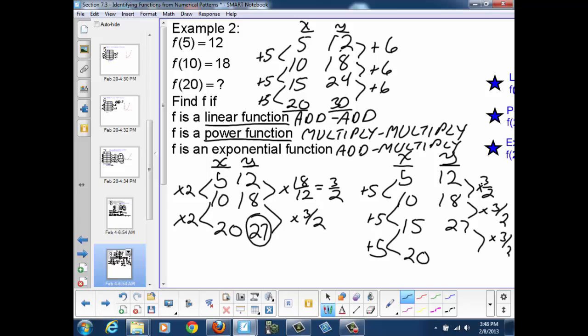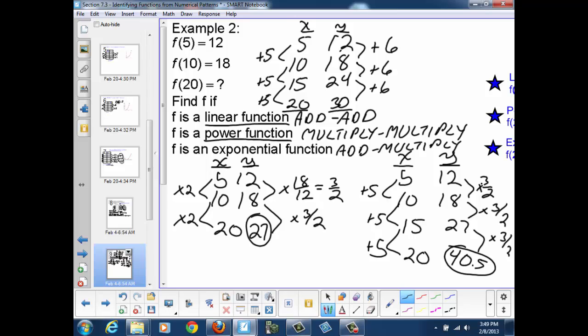That's a tough one. Half of 27 is 13.5. So if I add 13.5 to 27, I get 40.5. So if those data points are part of an exponential function, f of 20 will be 40.5.